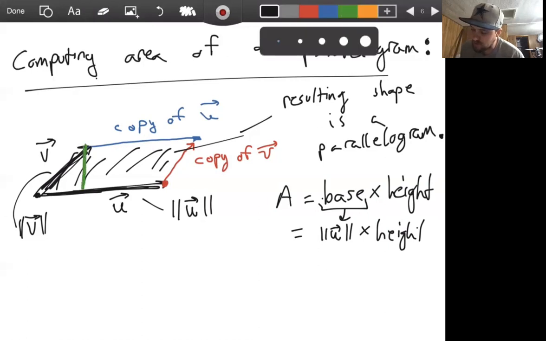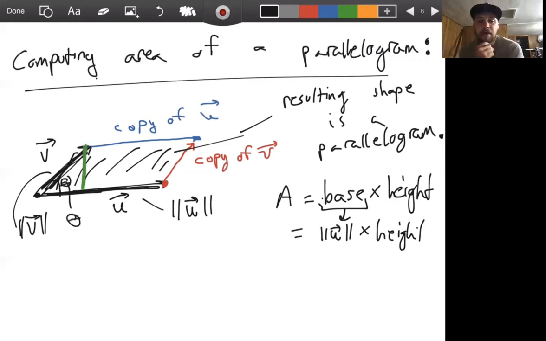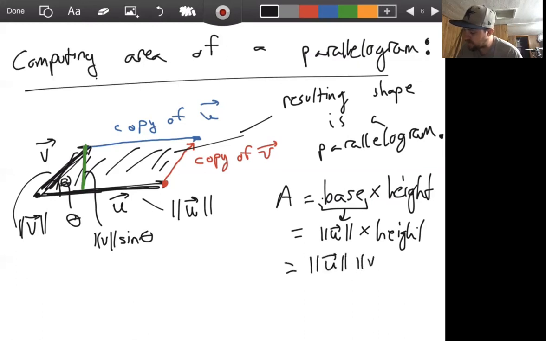But if we consider the interior angle theta, maybe I'll draw it over here. There's an interior angle between u and v, which we'll call theta. If that is the angle theta, well, then we know that the height here is the magnitude of v times sine theta, right? And so our height of this parallelogram is the magnitude of v times sine theta.